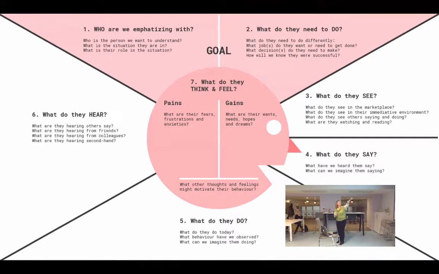So when we put something, what do they see? It means, for example, what do they see on a commercial? What do they see on the site? And those kinds of things.